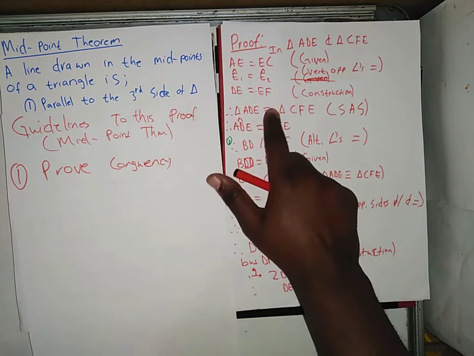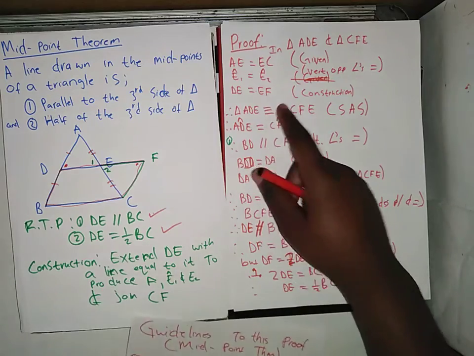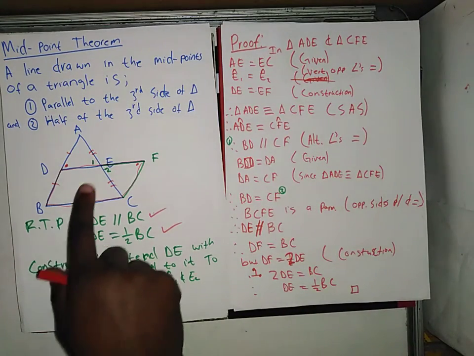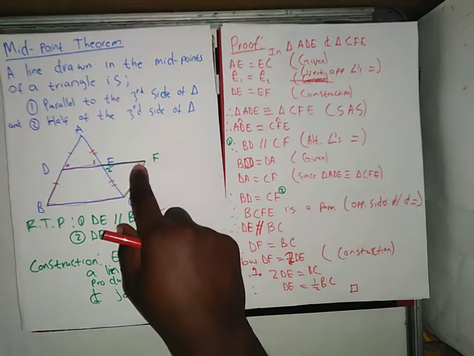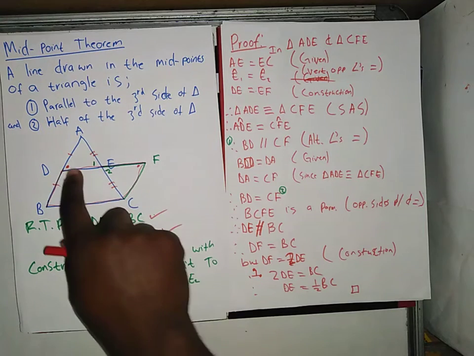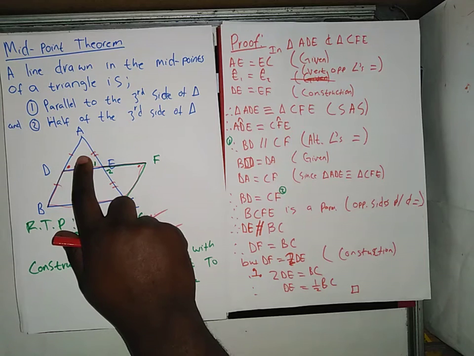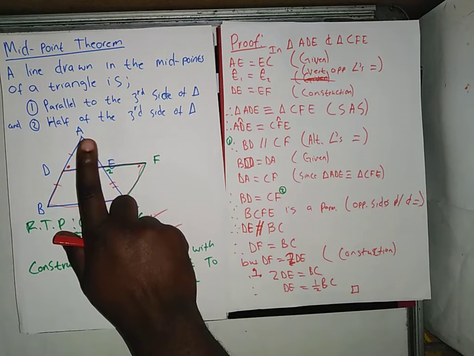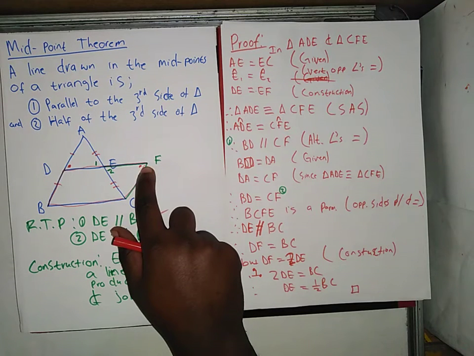Now once you can prove congruence between these two after you've constructed, it is easy to then find that this one is equal to this one. Can you see that? So you prove congruency, and from congruence it comes that this one is equal to this one.